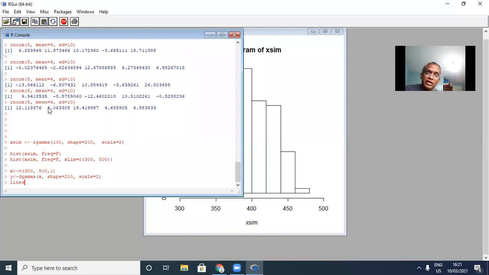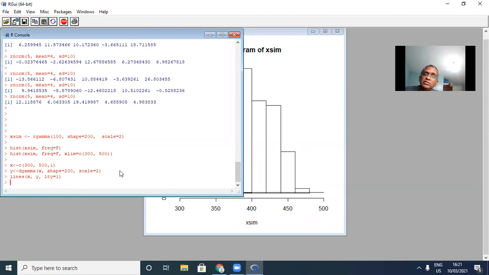Now, if you type lines x comma y with lty, by the way, lty stands for line type. Line type can take numeric values like 1, 2, 3, etc. Right? So line type 1 means it's a continuous line.